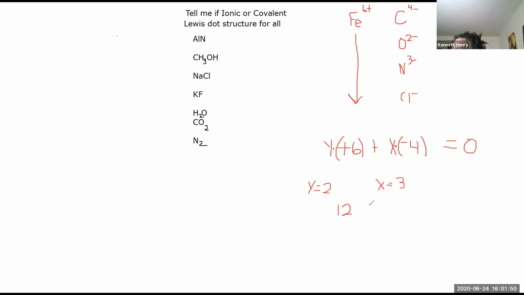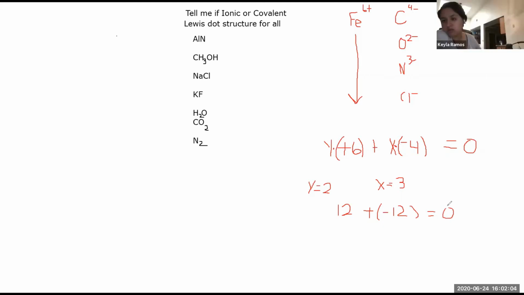Okay, so then we have 12 plus negative 12. Does that equal 0? Yeah. Okay, so then that's real simple. Then you put F, so that we said there's going to be 2 of those.